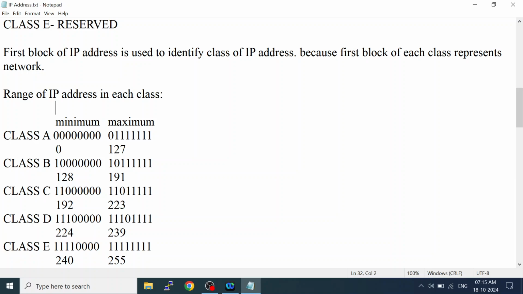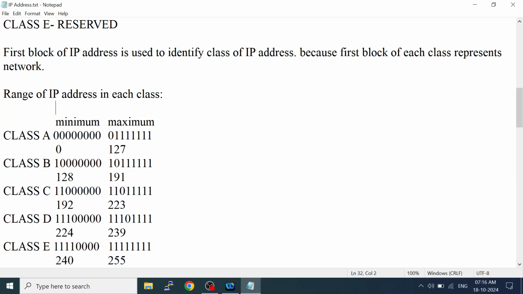In one block, we have 8 bits. So the minimum value will be 0 and the maximum will be 255. It will start from all zeros for the minimum, and for the maximum we will keep all bits 1. There are some rules using which IP addresses have been divided into classes.